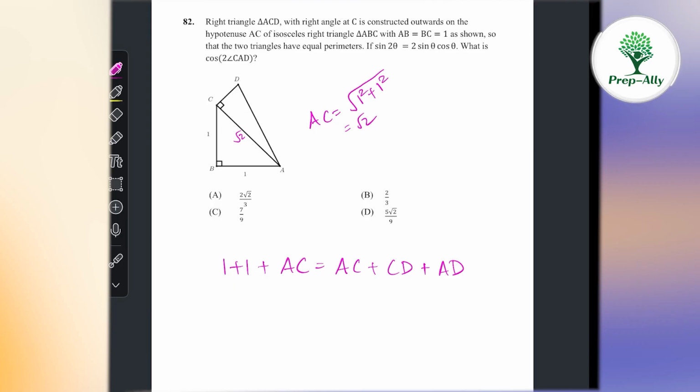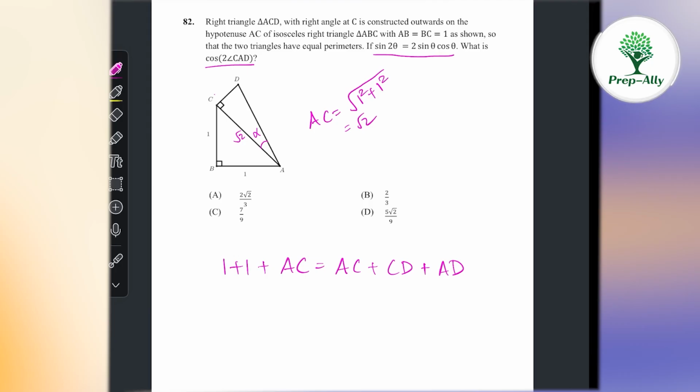So what are we being asked? Oh, we're given that sine 2 theta is 2 sine theta cos theta, and we're being asked what is cos of 2 times angle CAD. So let's say angle CAD is alpha. Alright, so what is CD?